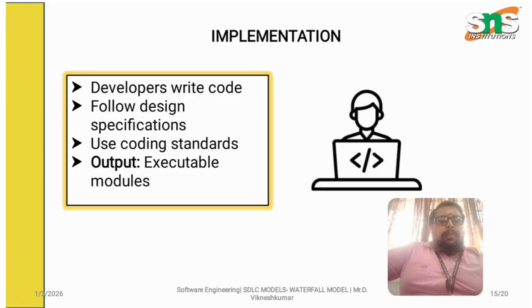The output of implementation is executable files, for example an .exe file in terms of Windows. So the developers develop the code, following the design specification and the coding standards. From these three parameters we get the output, the executable files.